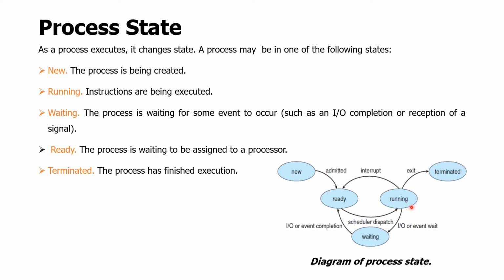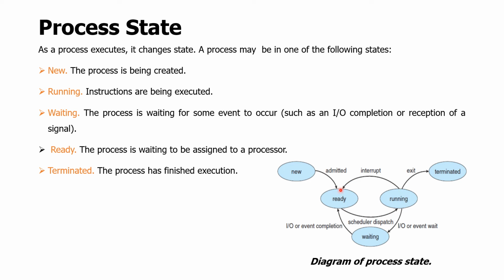A running process can move from the running state to a waiting state. A waiting process, after the completion of the IO operation, moves from the waiting state to the ready state. If the CPU is available, from the ready queue a CPU picks the job and starts its execution. This is a kind of transition happening.